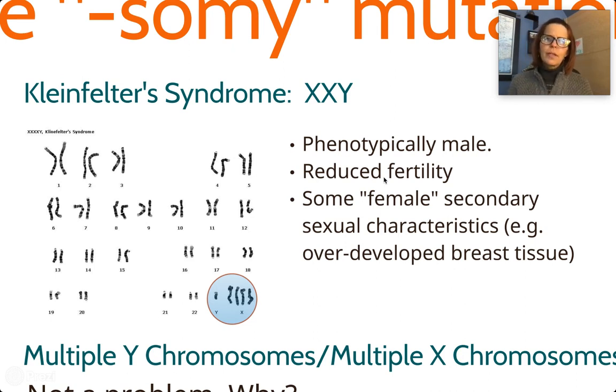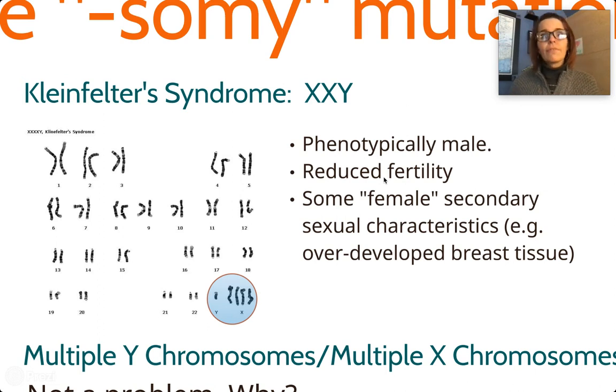What's interesting about individuals with Klinefelter's is they are boys in every way, shape, and form. They have the Y chromosome. They look like boys. They have boy genitalia. However, the extra X chromosome leads to what are called secondary sex characteristics that are female. So these poor boys end up developing breast tissue, their voices don't lower, their beards don't grow.